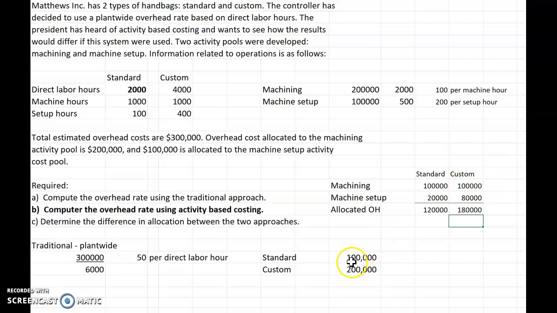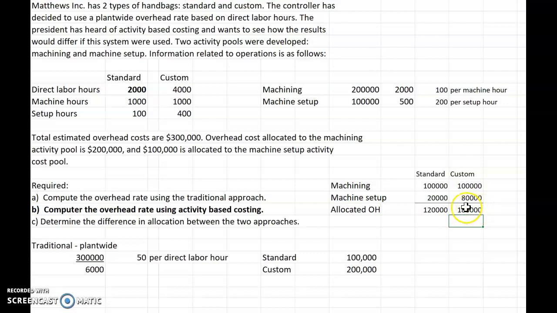So we can see, using the traditional method, the single plant-wide rate, standard was only getting $100,000 allocated to it, and then when we look more closely, using activity-based costing, which is going to be more accurate, it really should be allocated $120,000 of overhead. So we can see the standard product had been undercosted.